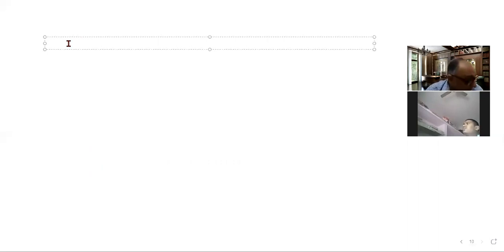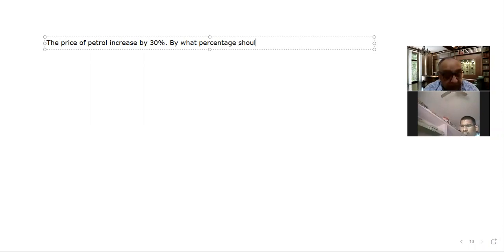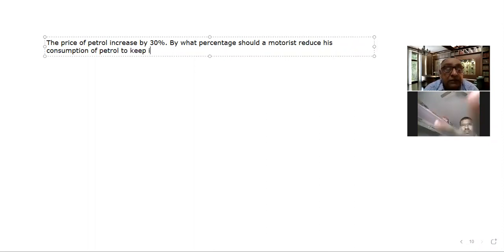The question is: if the price of petrol increases by 30%, by what percentage should a motorist reduce his consumption of petrol to keep his expenditure constant?